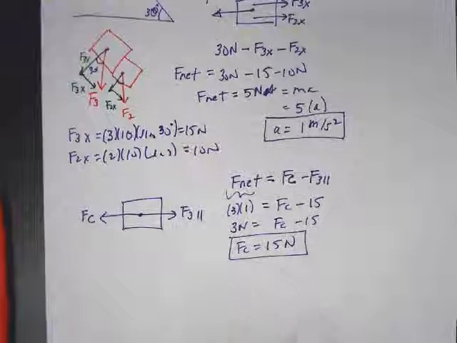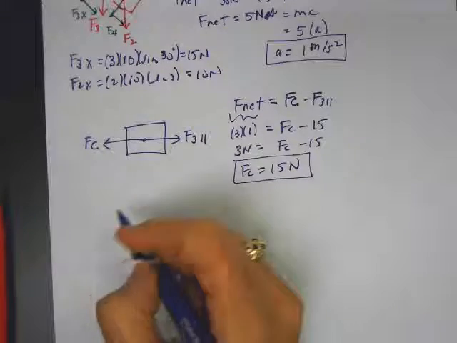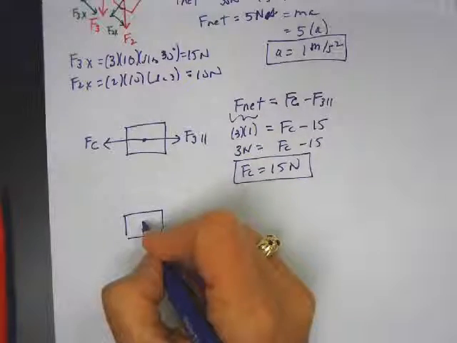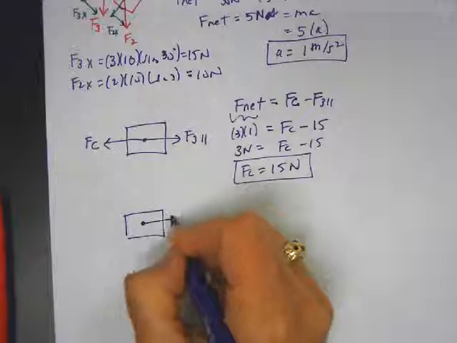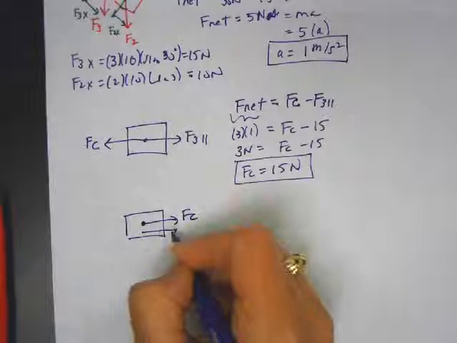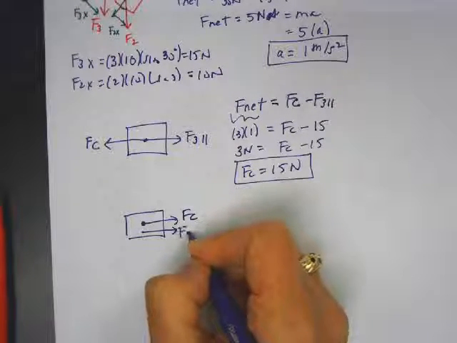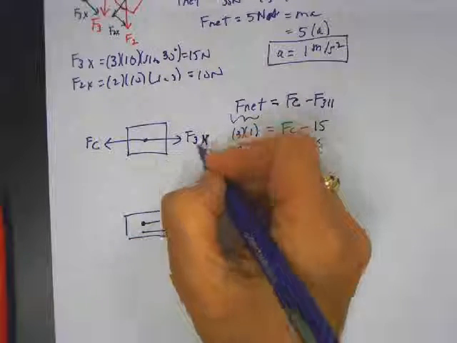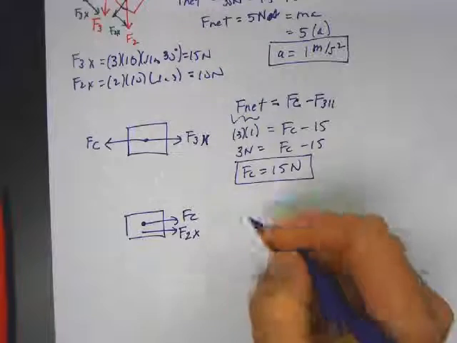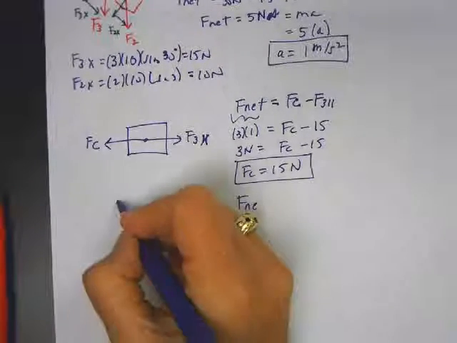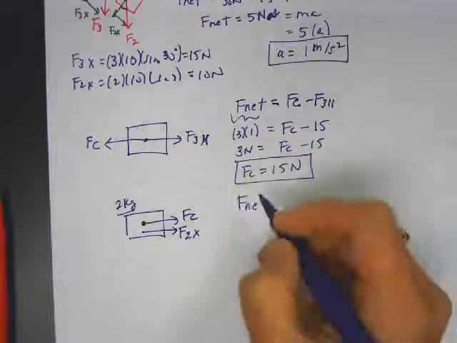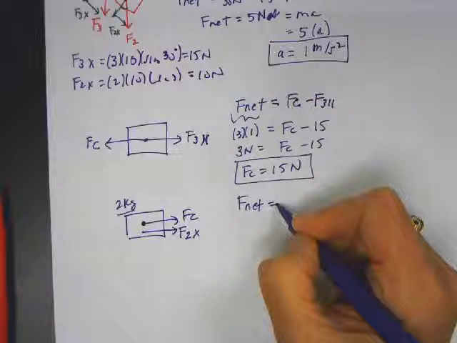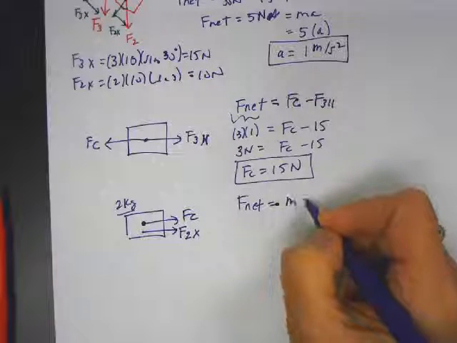Now, what if I did the free body diagram for the other block? Well, if I did it for the other block, remember the contact force goes the other way, and the component goes this way. I should call it X instead of parallel. And when I sum forces this way on the 2 kilogram block, I say F net is equal to MA.